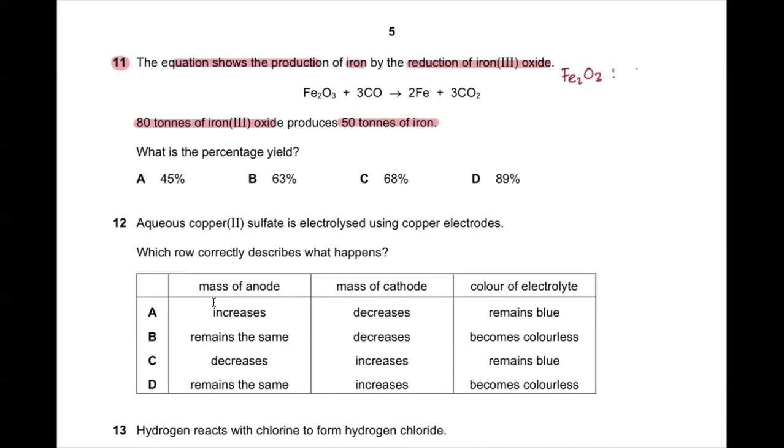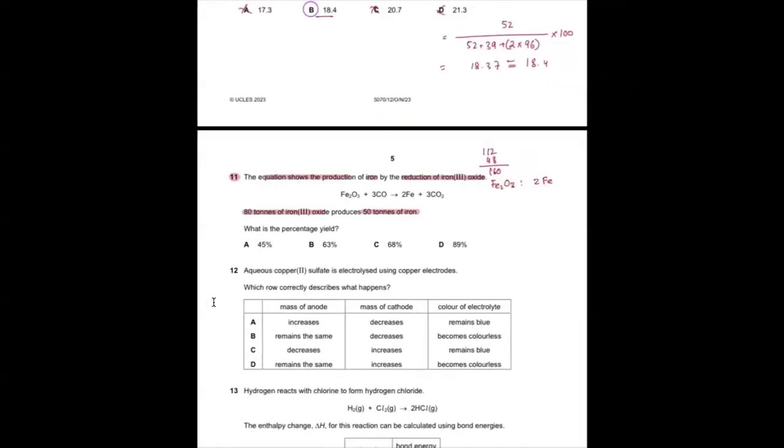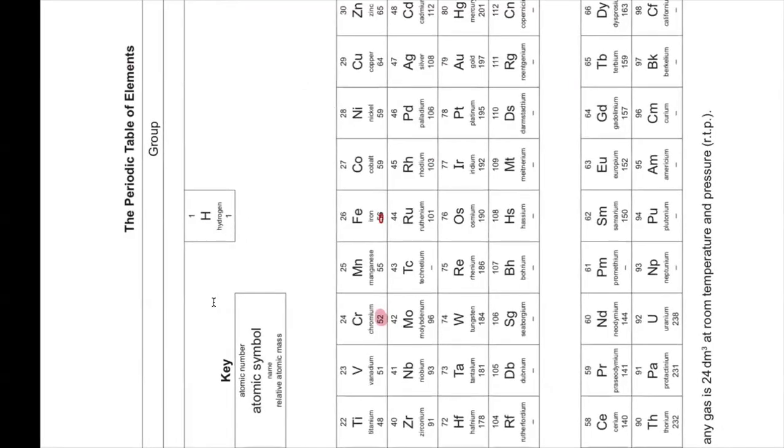1 mole of Fe2O3 is producing 2 moles of Fe. So if you go over its Mr, it's going to be 2 iron, which means 112, and 3 oxygens are 48. So it's 160. Let me confirm. Yeah, so iron is 56.